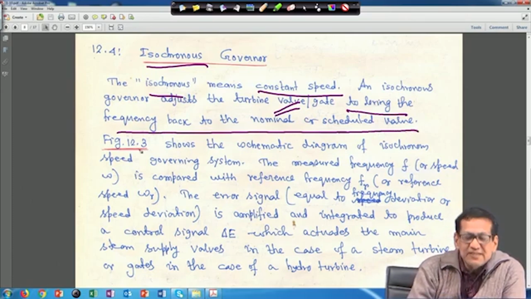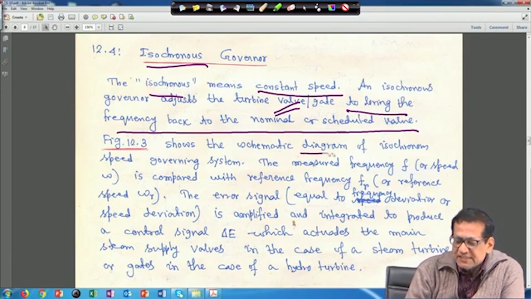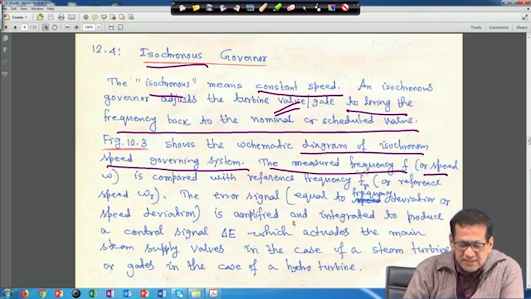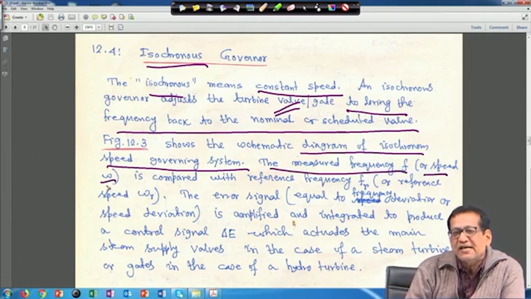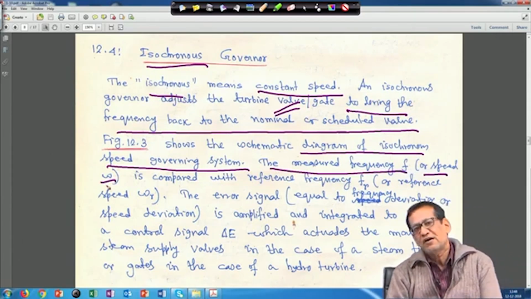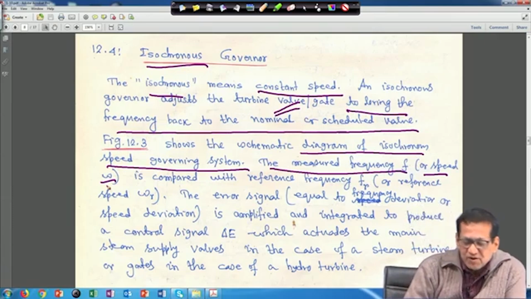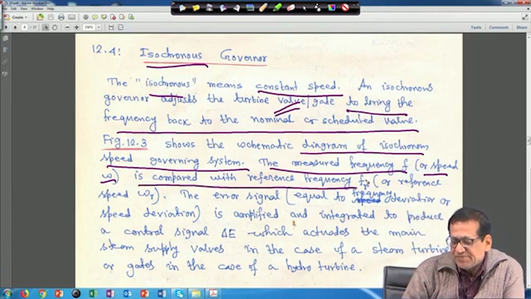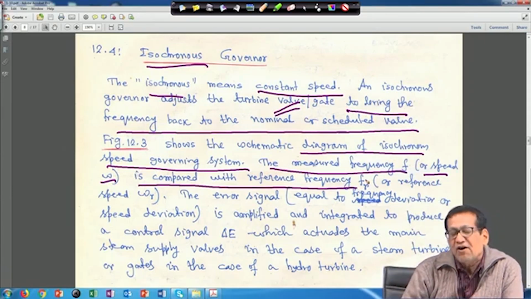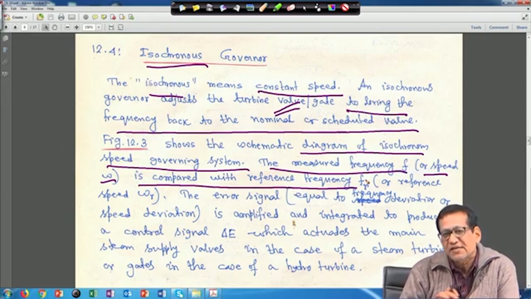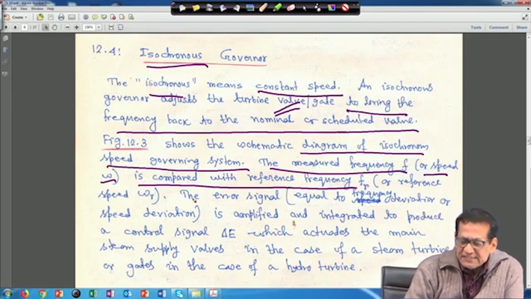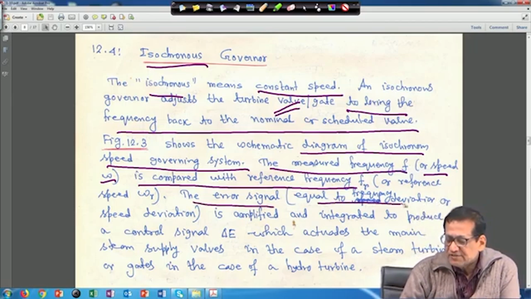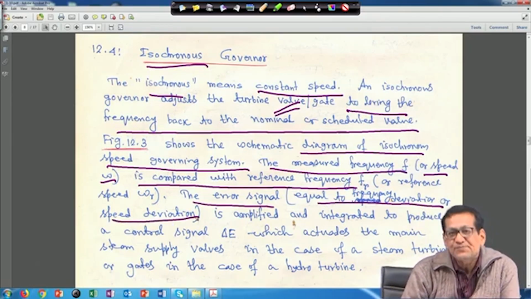Figure 3, which will come later, shows the schematic diagram of the isochronous speed governing system. I will come to that. The measured frequency f or speed omega, whichever you take, either f or omega equals 2 pi f, is compared with the reference frequency f r, or the reference speed omega r. The error signal is equal to the frequency deviation, or sometimes we call it speed deviation.